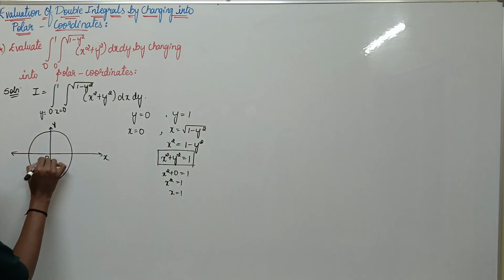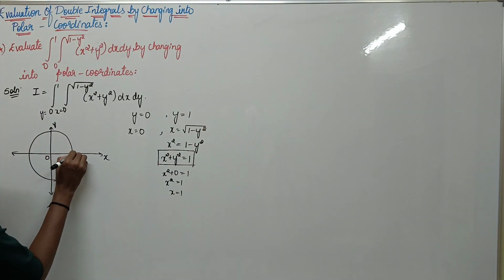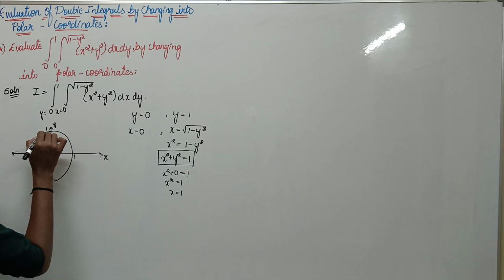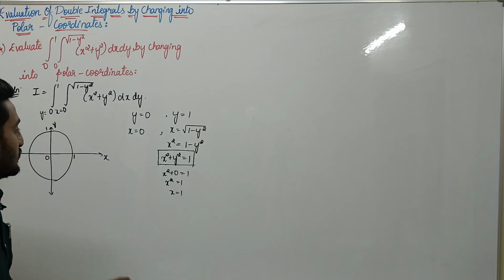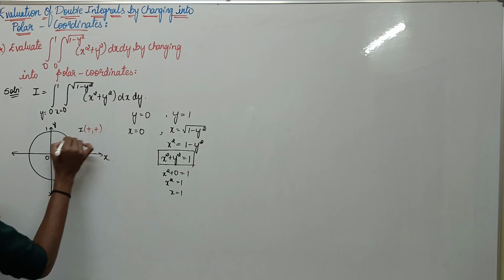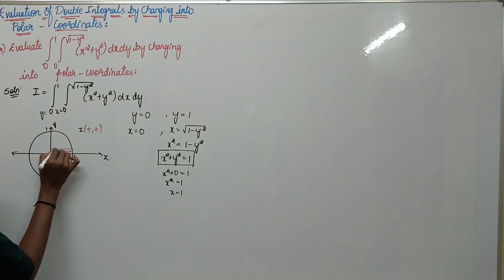That means the radius starts from 0 to 1 and y also starts from 0 to 1. With respect to which quadrant? Positive quadrant, that is the first quadrant. So we are going to consider only the first quadrant, that is the positive axis, this intersection part of the graph.